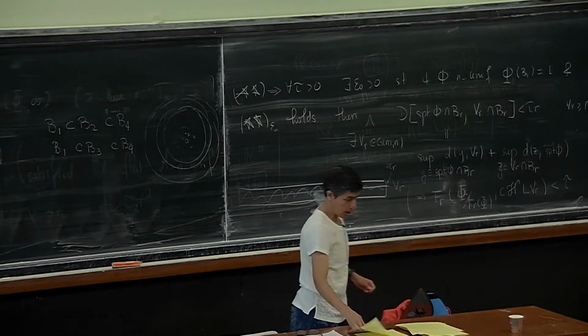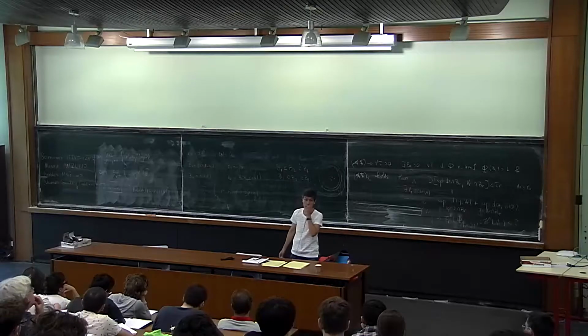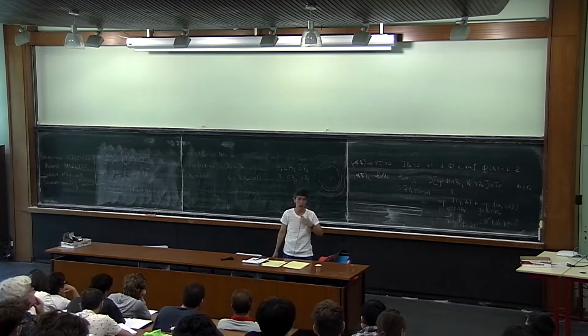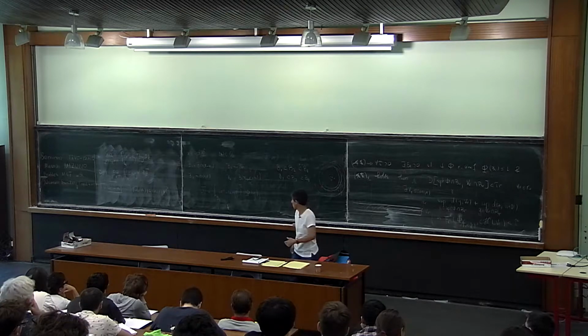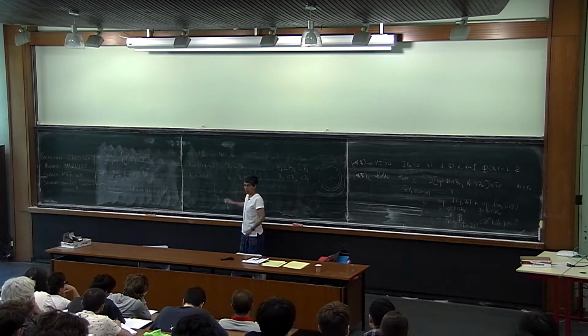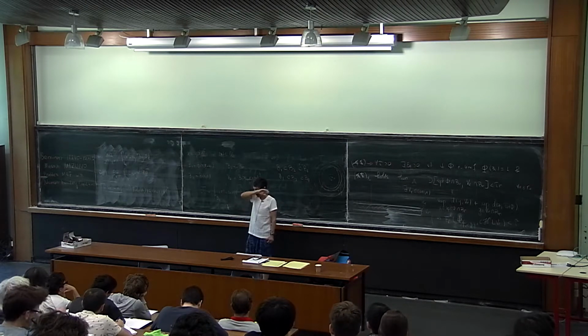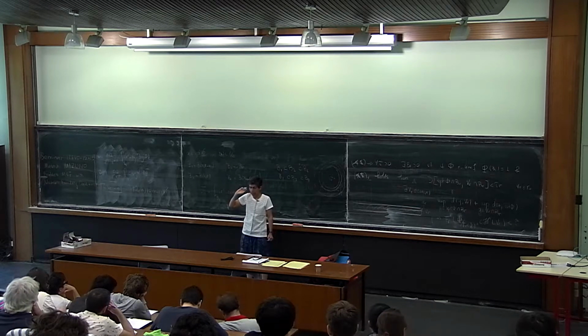Okay. Let me take a pause and try to remember, I need to produce a quadratic polynomial. The only way I know how to produce a quadratic polynomial is by looking at these things squared. Let's go back to when we talked about Marstrand.